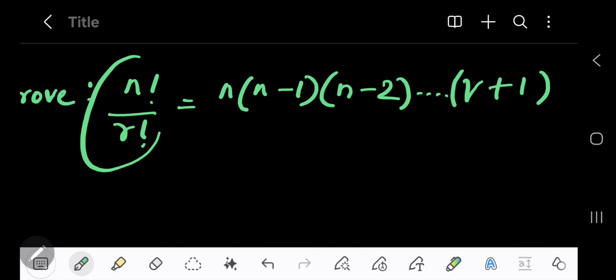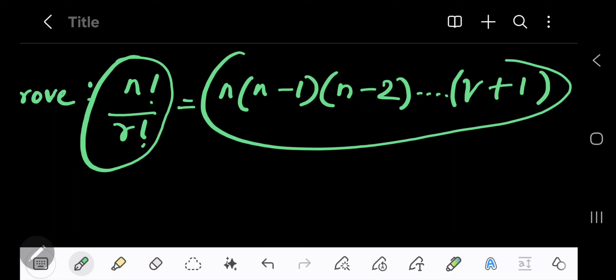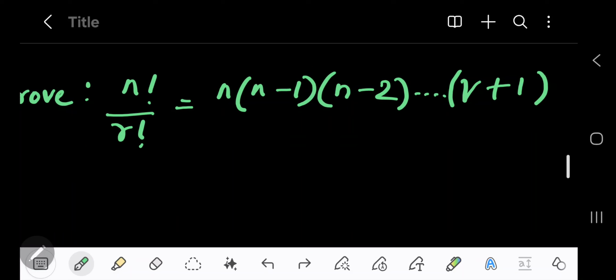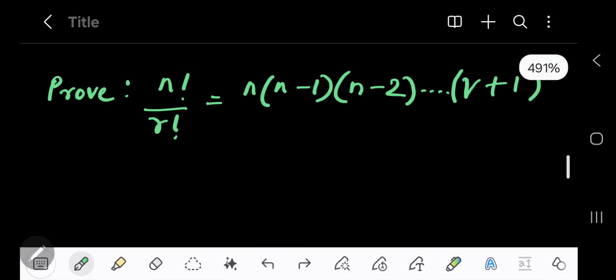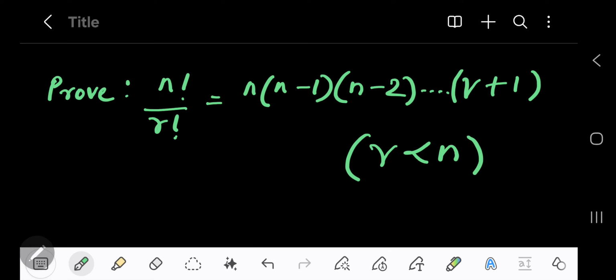So prove that this equation equals this equation. The condition is that r is smaller than n.